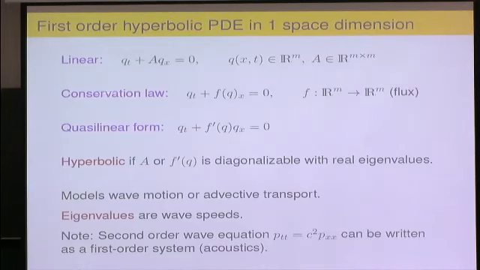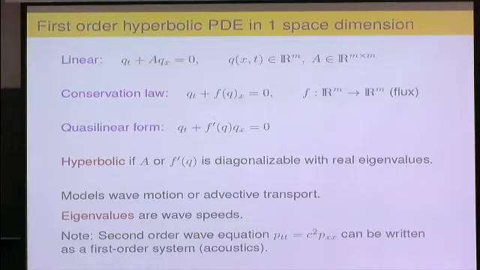But to start with, at least we'll look at a homogeneous equation, either a linear system of hyperbolic form, where Q is some vector with m components, perhaps a vector of conserved quantities if it's a conservation law. A, in the linear case, is just a constant or possibly spatially varying coefficient matrix.